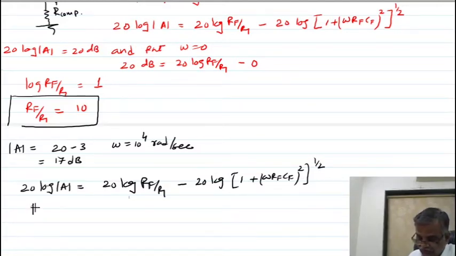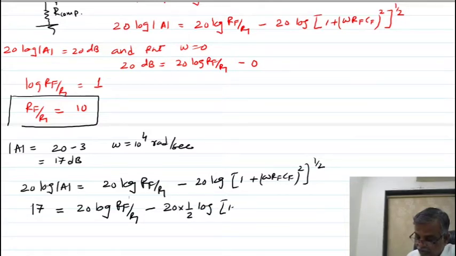So this 17 dB is equal to 20 log Rf by R1 minus 20 into 1/2 log of 1 plus omega Rf Cf whole square. This root I have taken here, you know.